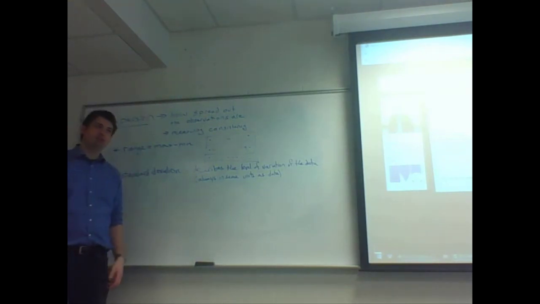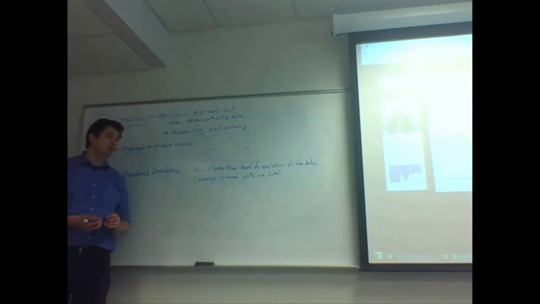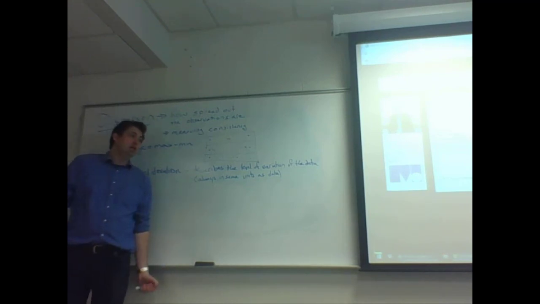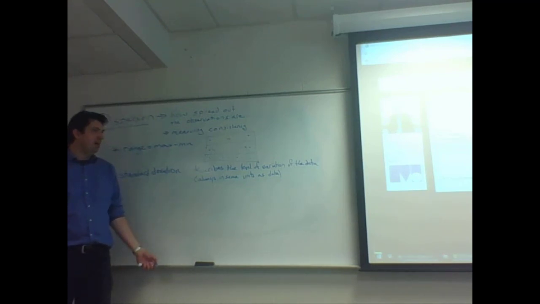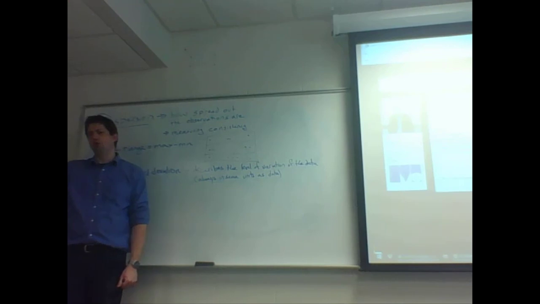So if you're looking at the standard deviation of income, then the standard deviation itself will be expressed in dollars or in euros or in yen. If you're looking at the standard deviation of people boarding an airplane, then standard deviation will be expressed in people. If you're looking at standard deviation of weight of cargo, then it will be expressed in terms of tons or pounds or kilograms or whatever.